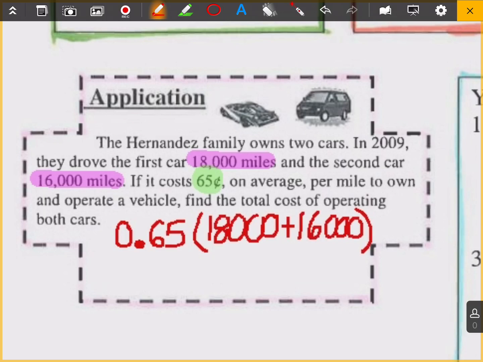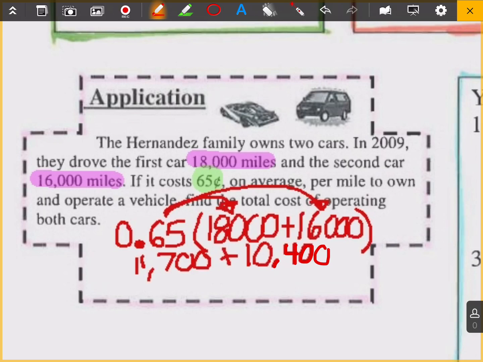So we're going to distribute this 65 cents and multiply it 65 times 18,000, and we're going to multiply it by 16,000. When we do this, I end up with 11,700 as the new value for the first car, and then we're going to add 10,400 for the second car.